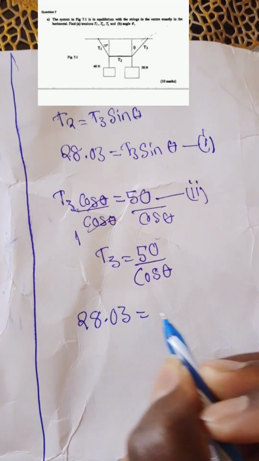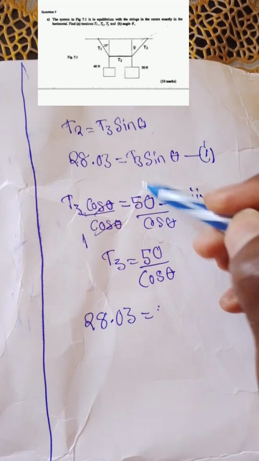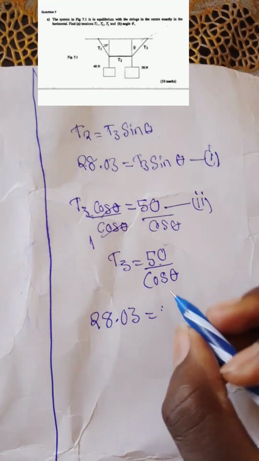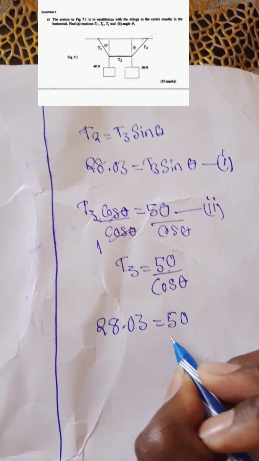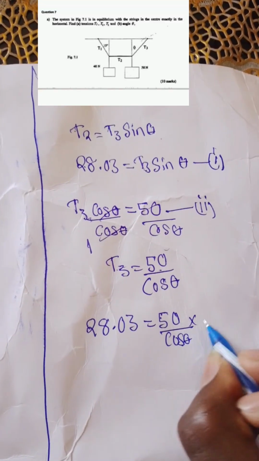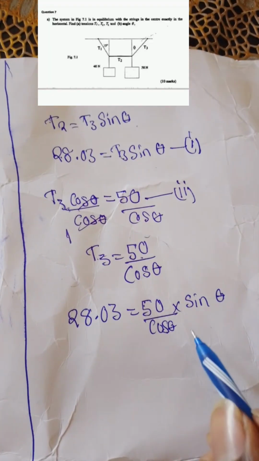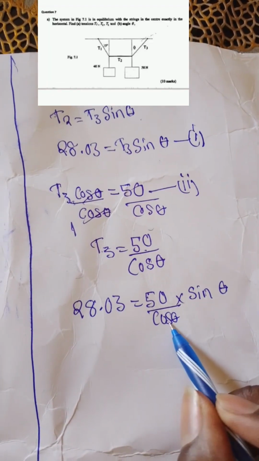So we write equation 1, which is 28.03 is equal to, now here our T3 we said it's 50 over cos theta, right? 50 over cos theta times sine theta. But we know sine divided by cos, it's tan, right?